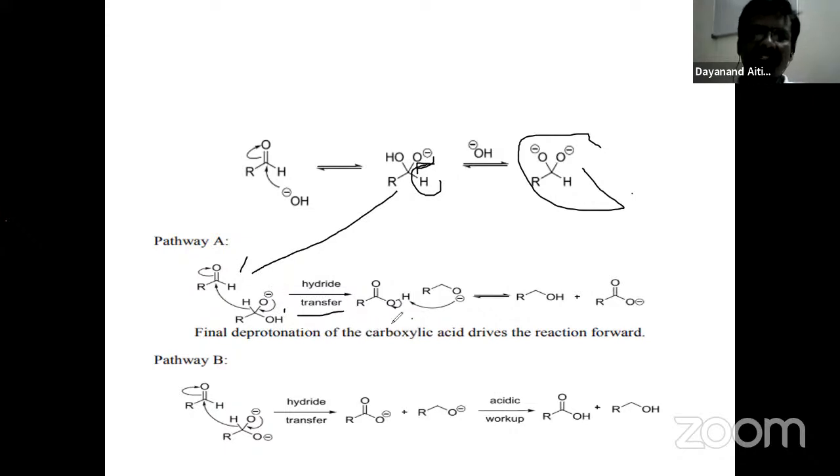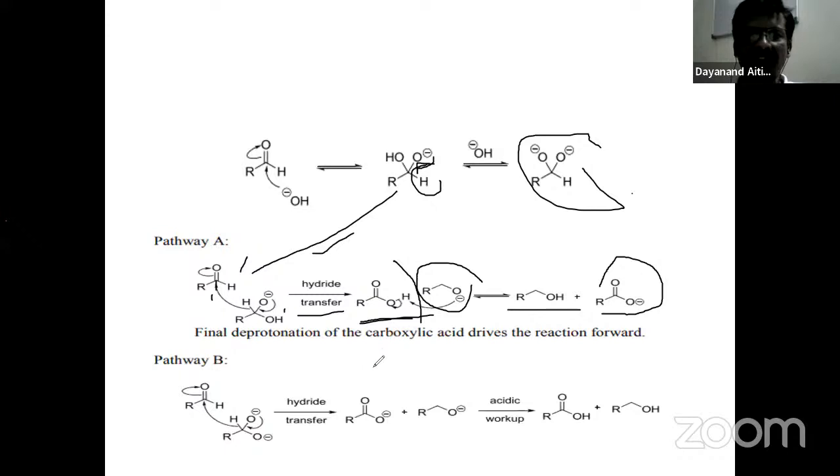As a result, it is converted into RCH2, H is coming here, O minus. Alkoxide is formed, and this one is converted into RCOOH. Carboxylic acid is formed here. Later on, this ROH is formed and the R carboxylate ion.